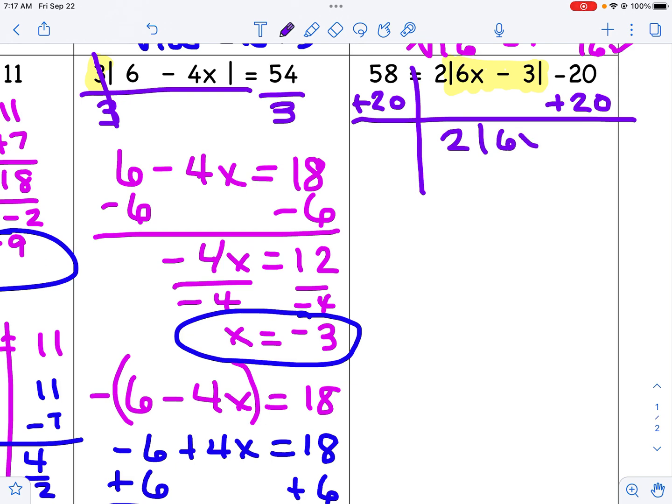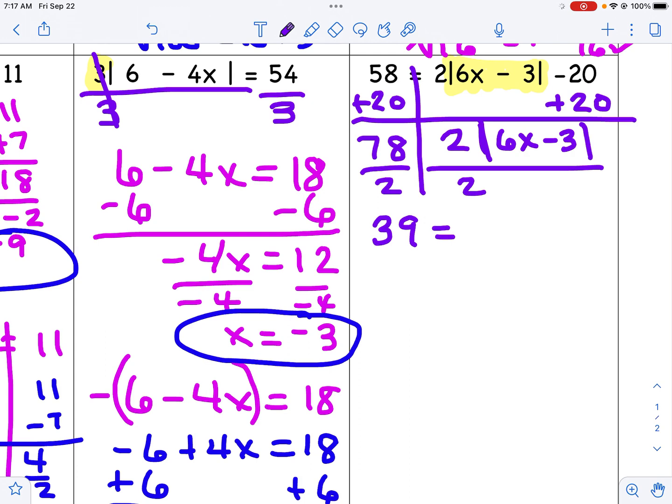So now I have 2 absolute value of 6x minus 3, and that equals 78. Now we'll divide both sides by that 2. And we now have 39 equals the absolute value of 6x minus 3.